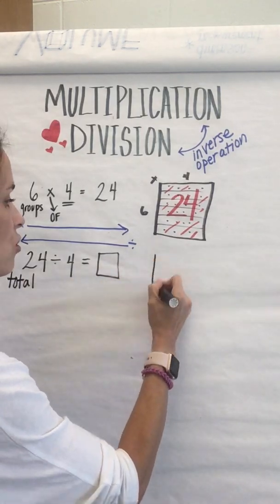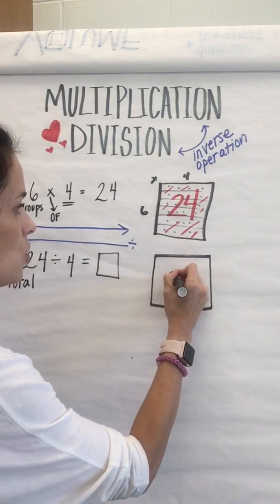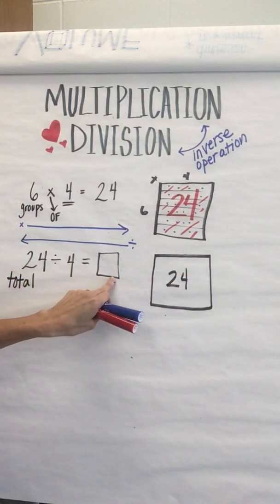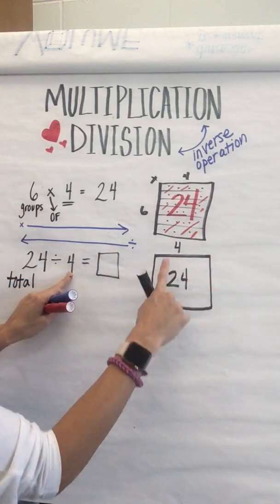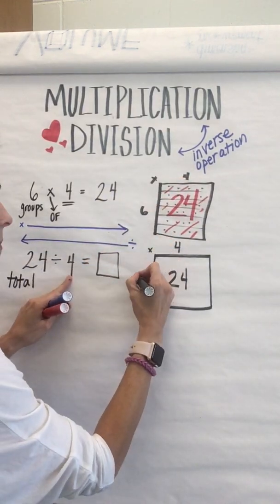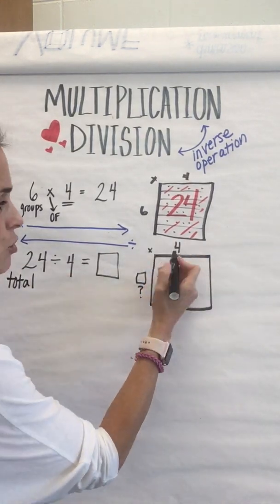So if I'm drawing an area model, I say I know there's 24 inside, and it's being split by groups of 4. So I know one of the factors in multiplication, and I'm missing the other one. I'm asking, how many groups of 4 can I make?